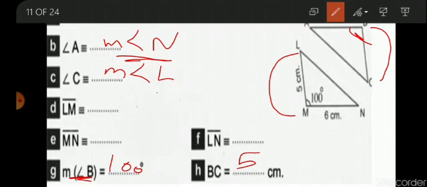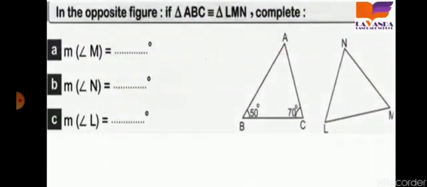Okay, try to solve another question. In these triangles, measuring of angle M equal what, how many degrees, not congruent. Okay, this is the difference between congruent and equal.